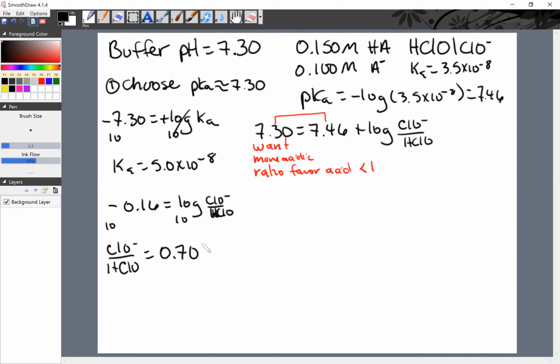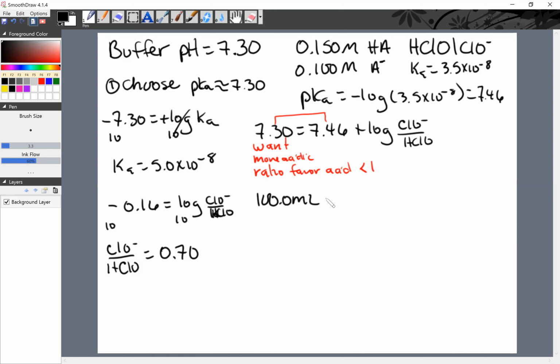Okay, there's my ratio, but it does not tell me how much to measure out of each of those bottles. So I now need to make one that has that ratio, and I am not limited. I could make 1,000 milliliters of it. I could make 100 milliliters of it. It just depends on how much you want to make. So in this problem, let's start with 100 mils.